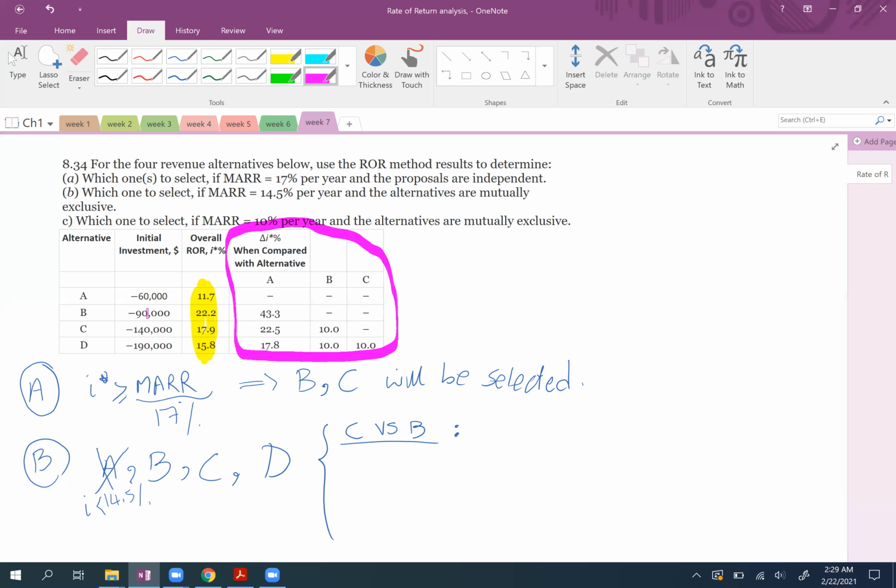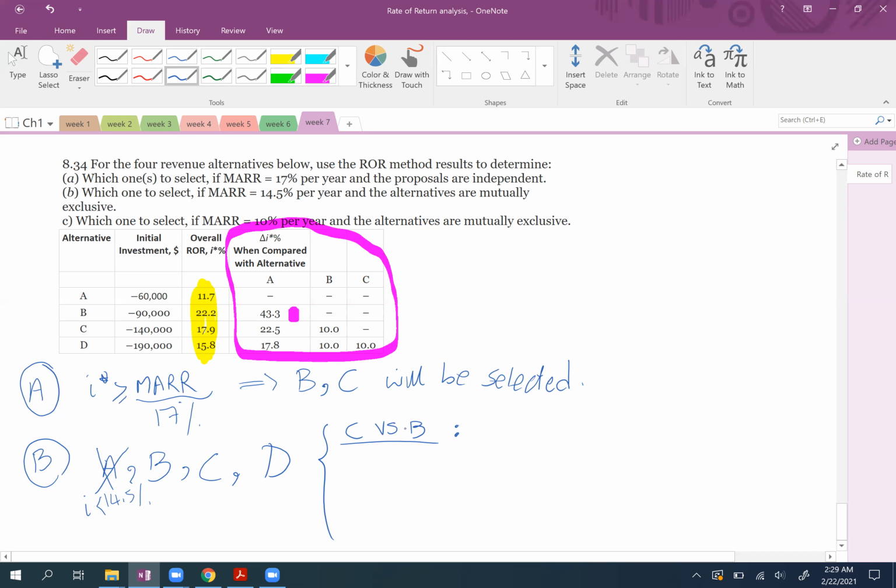So when you compare B with A, for example, it is 43.3% as your rate of return. D versus A has 17.8% and so on. So I really do not need to do calculation.